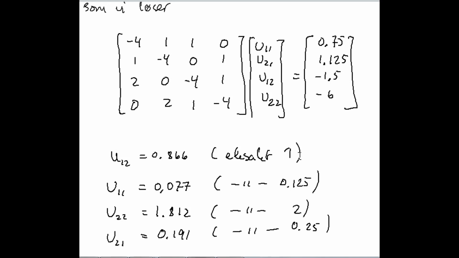0.86. The exact value turns out to be 1. It's possible to find the exact value also in this case. This in parentheses here is just to compare with the exact value. u_11 is 0.77.